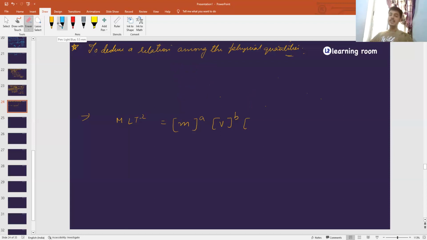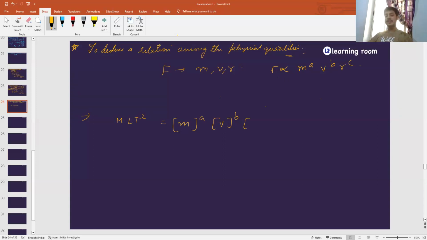The question may say F is somehow related to mass, velocity, and radius, not even proportional to, just related to. So I'll write it is directly proportional to mass to the power A, velocity to the power B, and radius to the power C.